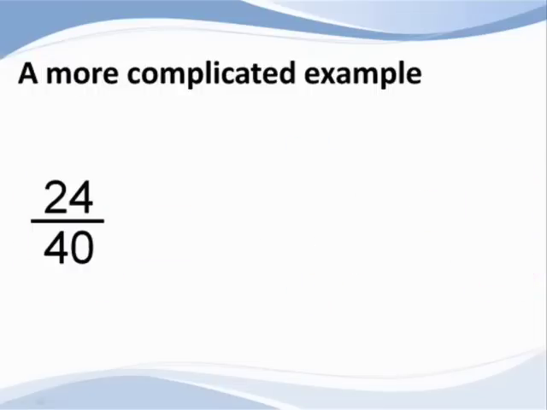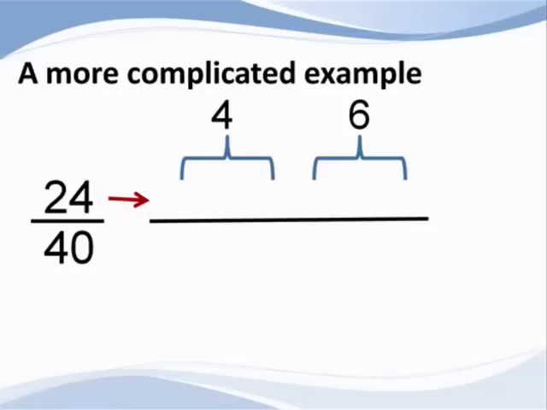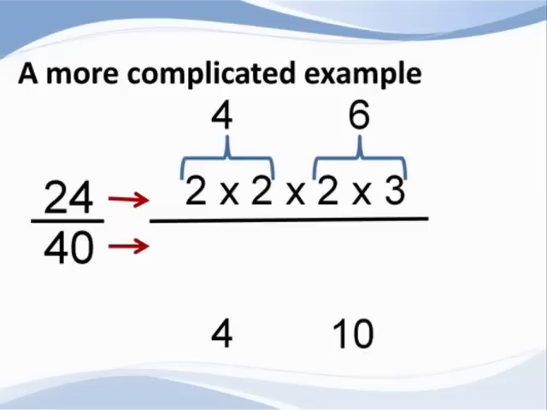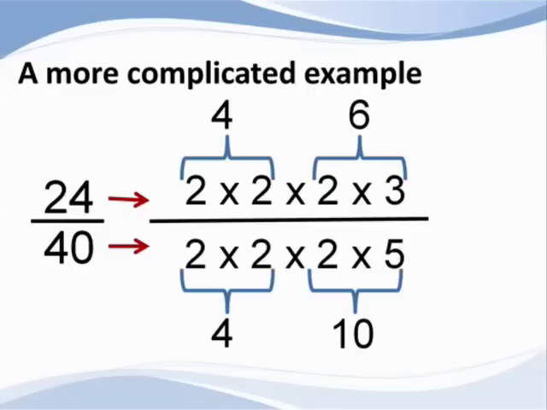For this example, we are going to try one that has many more factors than the examples we saw before. 24 is equal to 4 times 6, or 2 times 2 times 2 times 3. 40 is equal to 4 times 10, or 2 times 2 times 2 times 5.